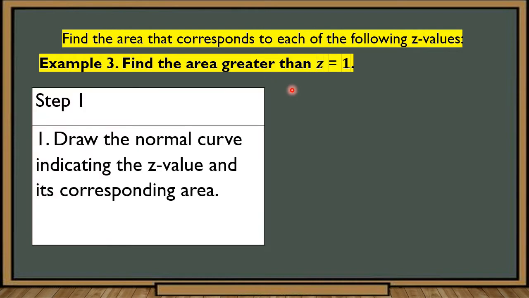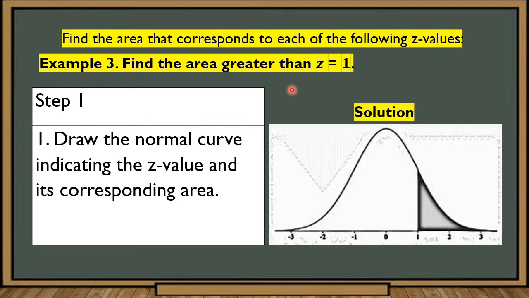So first step is we're going to graph the indicating z value and its corresponding area. So hahanapin natin saan ba yung area na greater than z, which is z is equal to 1. So andito siya, since we are talking about greater, ibig sabihin nasa kanan siya. So again, pag greater than ang word na na-encounter nyo, it is found to the right of the mean.